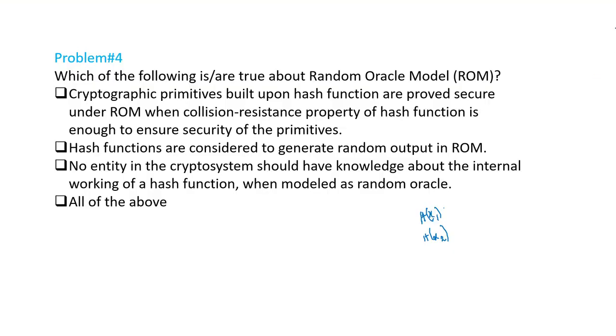Shiv Gulam is saying true. You were answering the second statement, right? Yes, it is true. The third statement: no entity in the crypto system should have knowledge about the internal working of a hash function when modeled as random oracle.